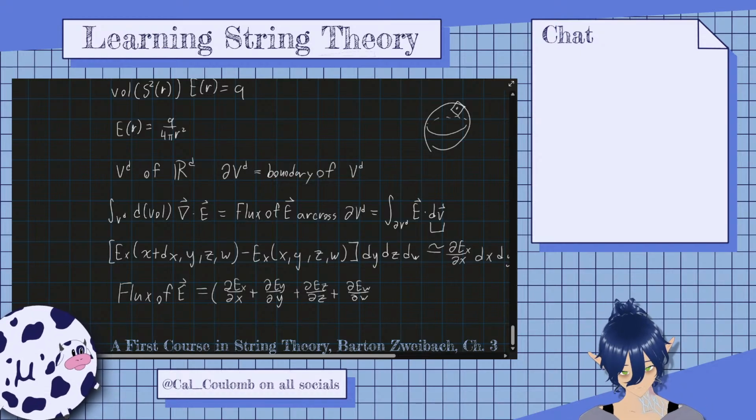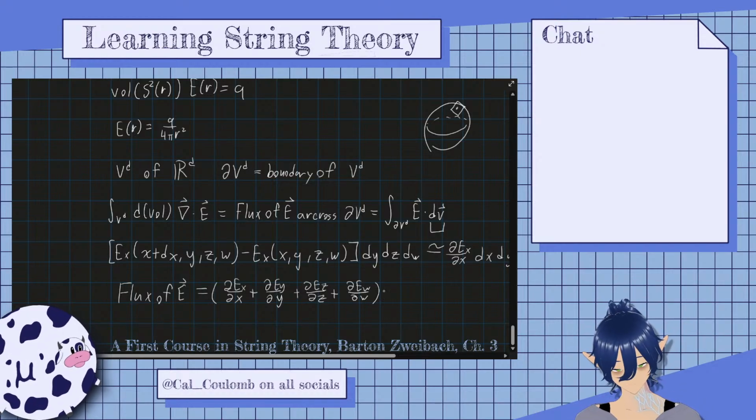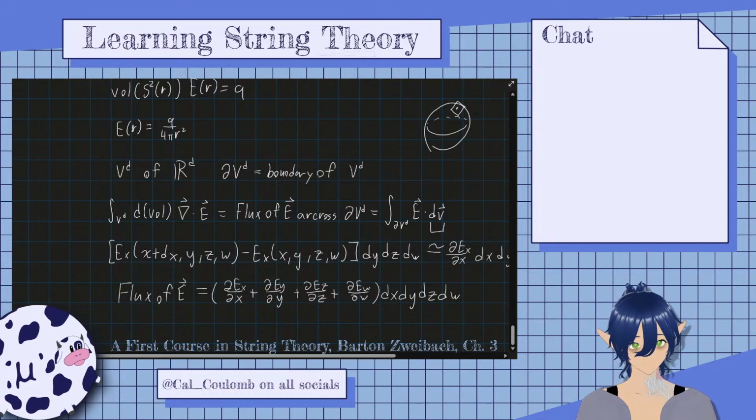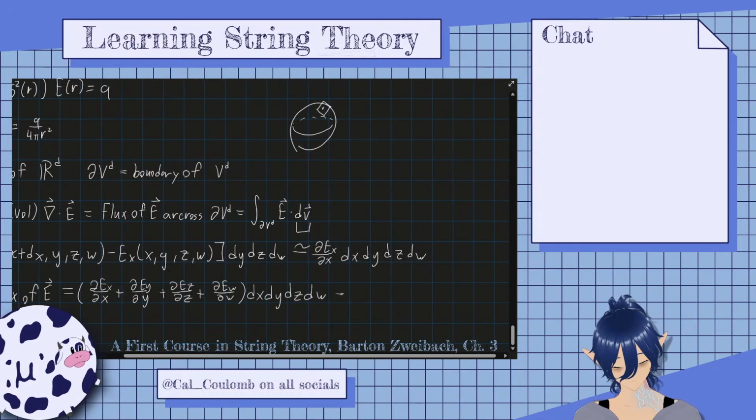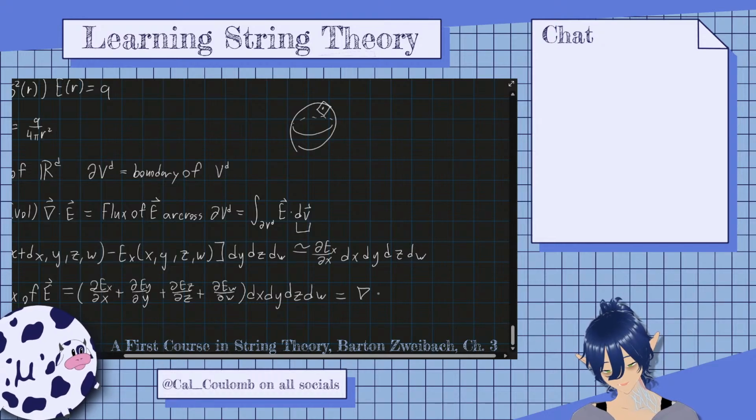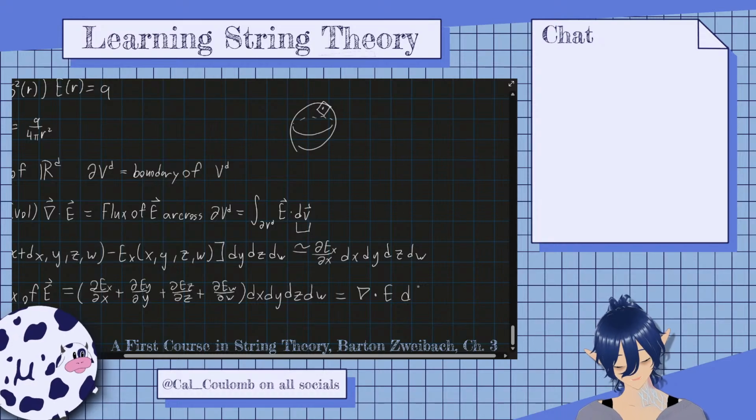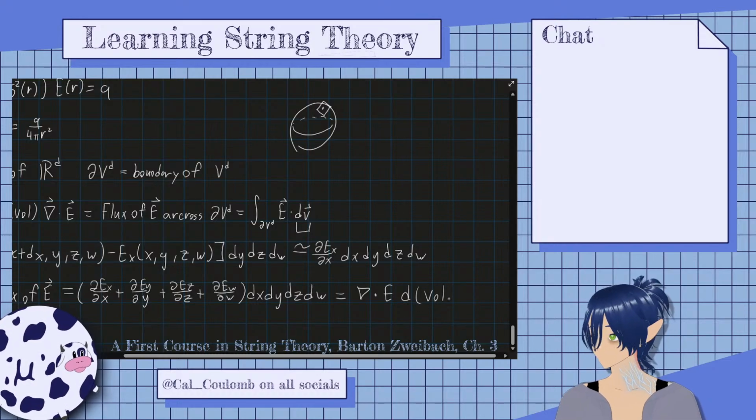Can't forget the last one. And then dx dy dz dw, which is just the divergence of E times the differential volume element.